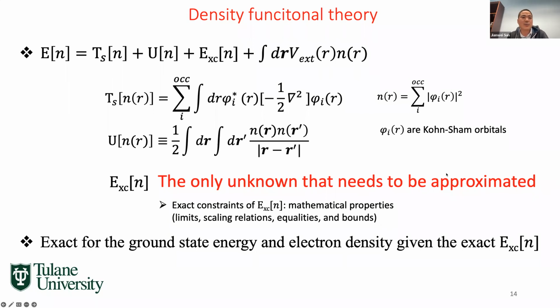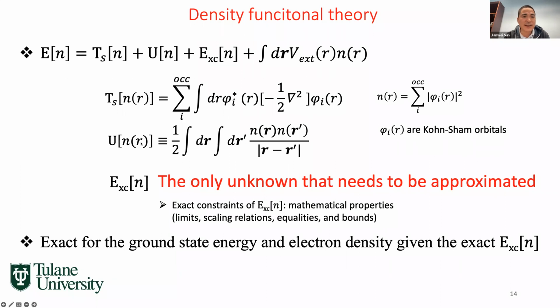The way we approximate it is the Perdew approach. We follow the exact constraints on the exchange correlation energy functional, which are mathematical properties, for example limits, scaling relations, equalities, and bounds. By doing that, it has a much better chance to be more transferable between different materials.